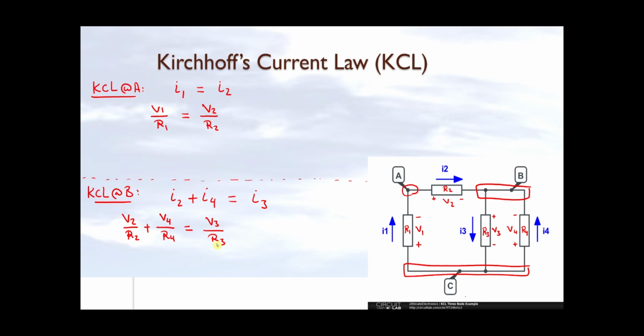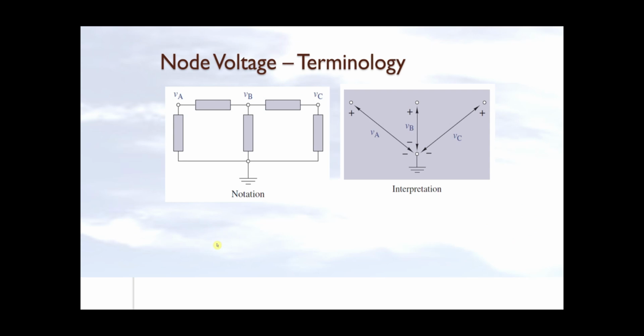So the node voltage analysis came up with a nice trick. It said, instead of using the actual voltage, how about we use the node voltage? For any device that we have here, assume this device across which I have a voltage V1. This V1 is connected between 2 nodes. So I define a node voltage, which is taken relative to some reference point that we call ground, where the voltage at the ground is 0 volts.